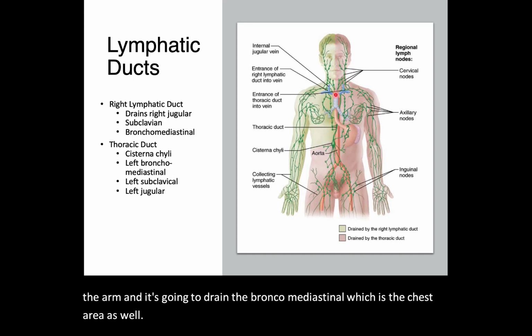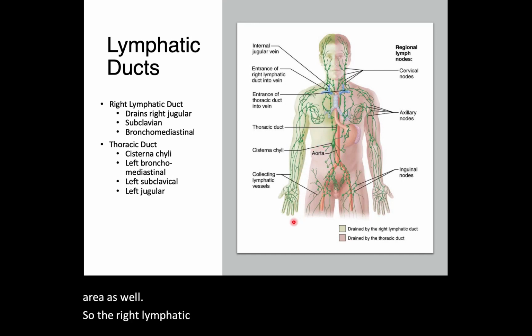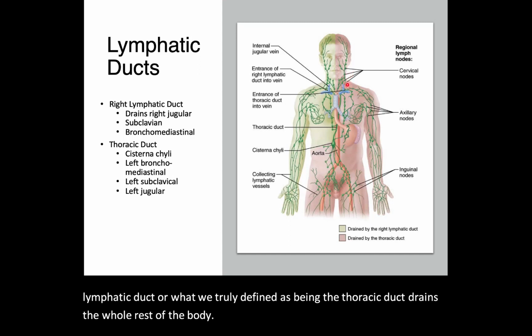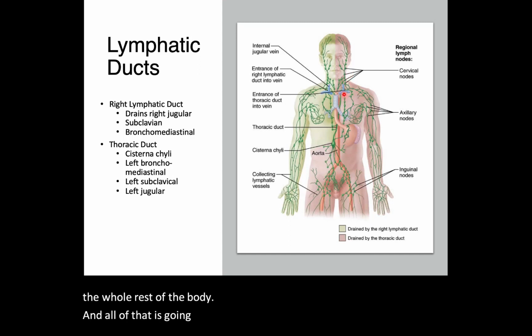So the right lymphatic duct is draining all of this area, while the left lymphatic duct, or what we truly define as the thoracic duct, drains the whole rest of the body. All of that is going to empty into the left subclavian.